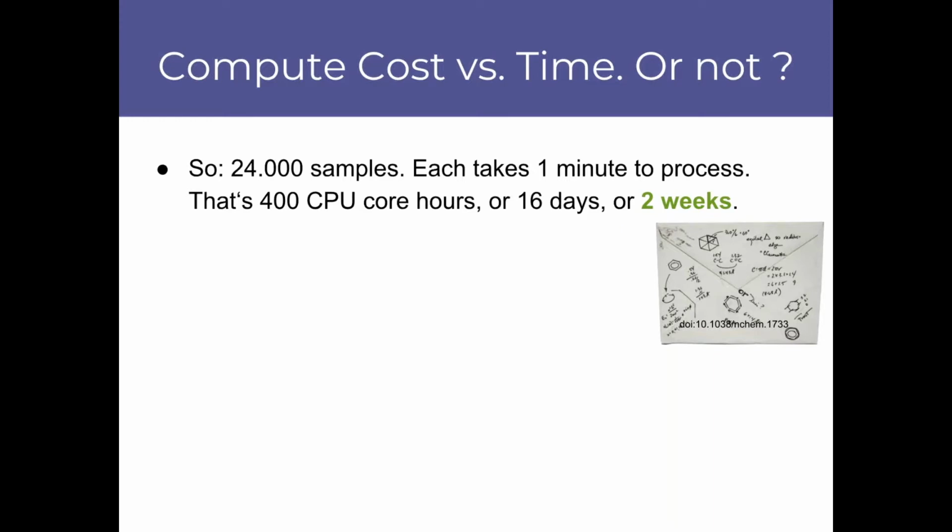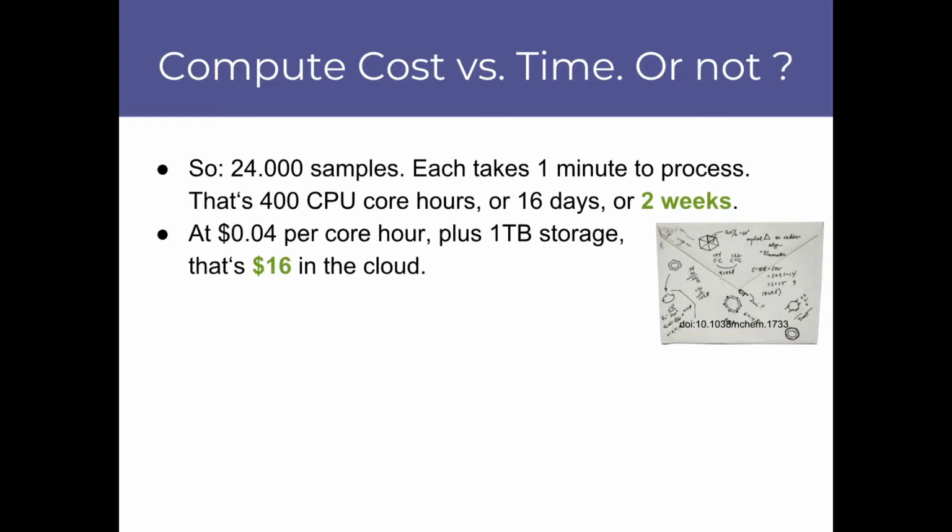If we now try the cloud computing, then we can rent a CPU core for, let's say, 4 cents an hour and put in another terabyte of storage and rent that for, let's say, $16 in the cloud. But why only do 1 CPU core?